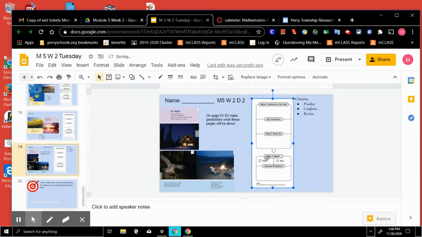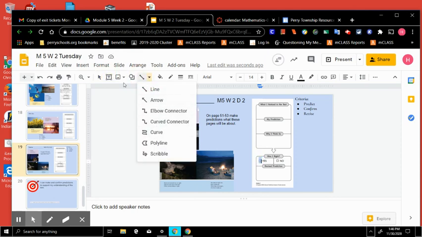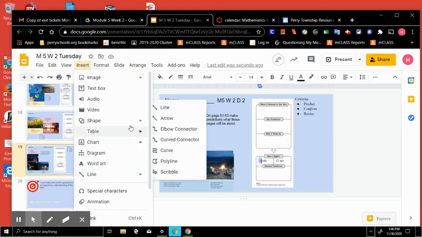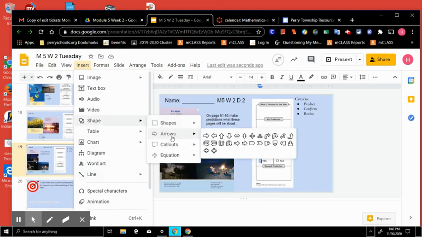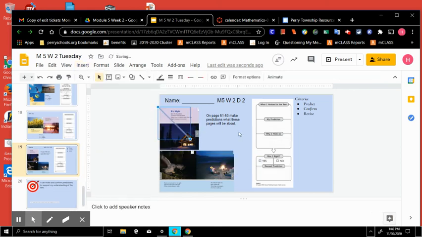So remember, you type in yes or no. You can put check marks. You can come up here to line, and you can find a line you can put in, or you can go to insert and shapes and arrows, you can put in these little boxes.